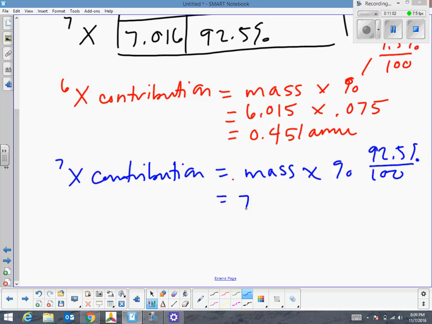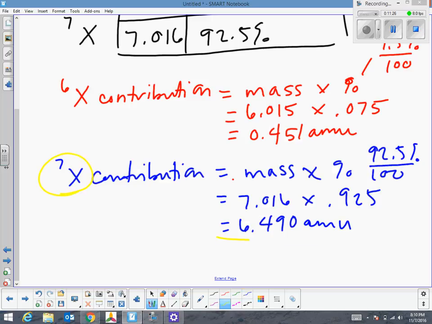So if we've got 7.016 times 0.925, and this is AMU that we're talking about, for this one you're going to have 6.490 AMU.